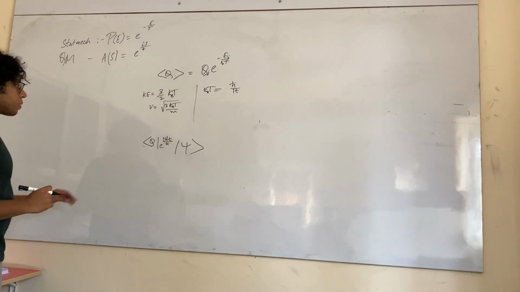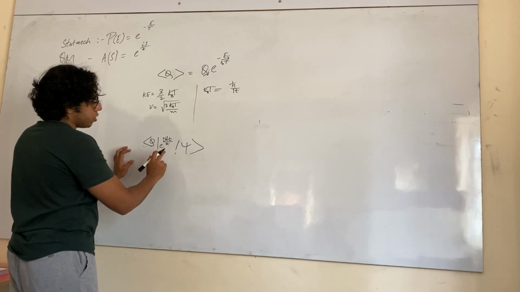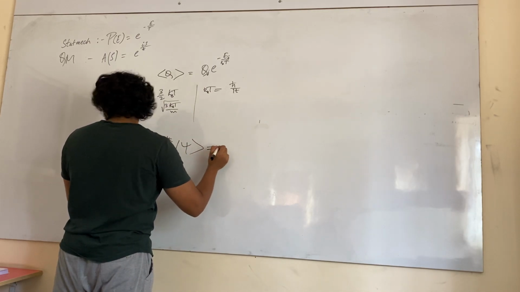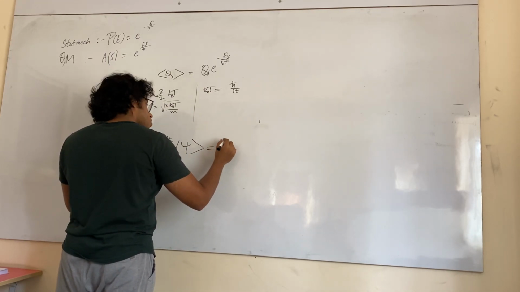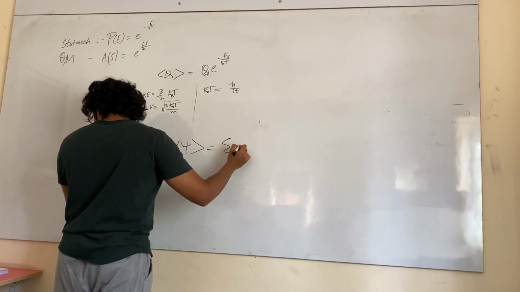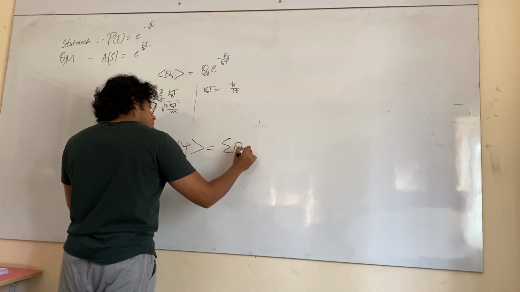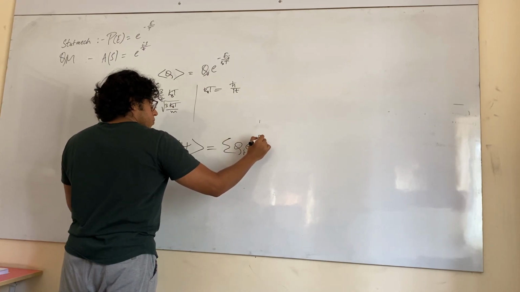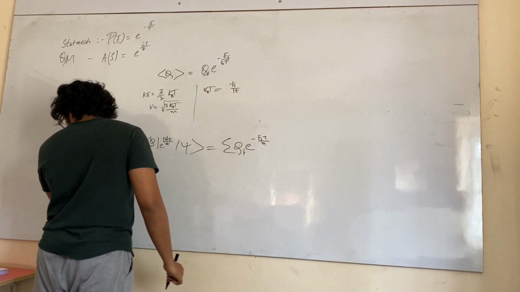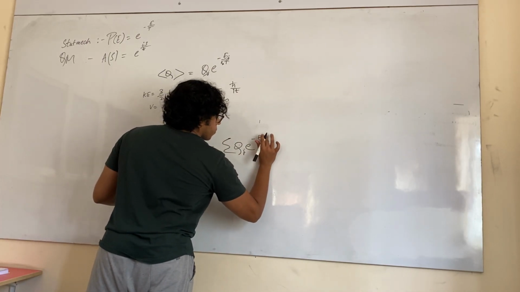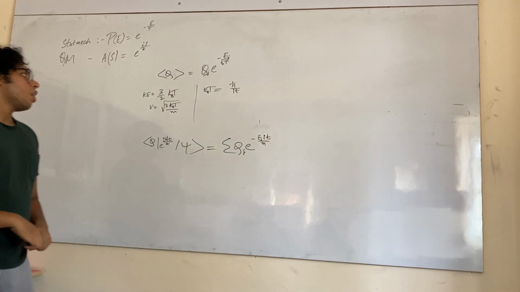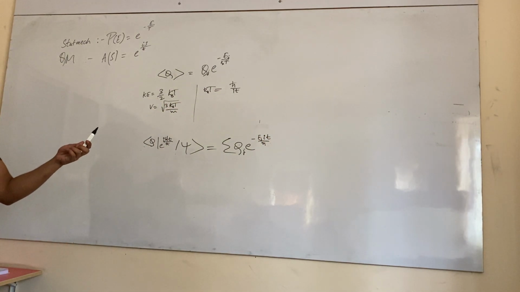This is the propagator from Q to psi, so this is given by the summation over Qj.